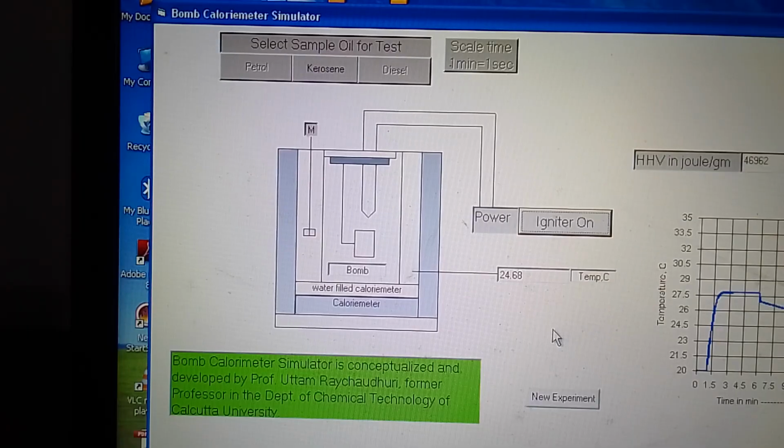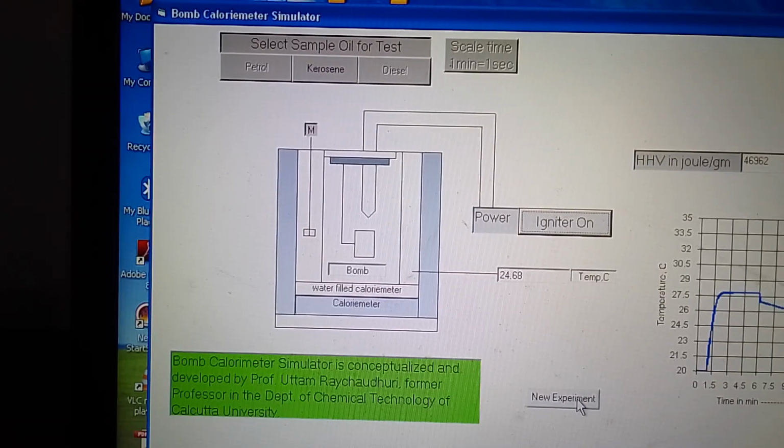Obviously, a correction has to be made again for the cellulose wire which is used, and the heating value of that quantity is taken. That must be weighed on this weighing scale before you connect the cellulose wire. And sufficient oxygen pressure must be maintained to provide complete combustion. That has to be remembered.